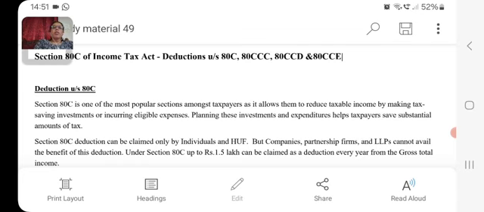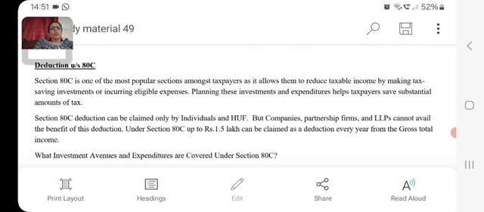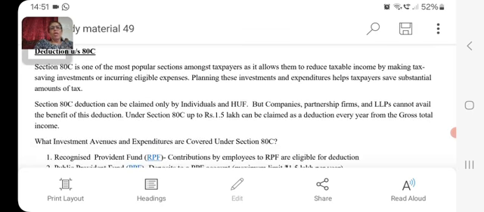Section 80C is one of the most popular sections among taxpayers as it allows them to reduce taxable income by making tax saving investments or incurring eligible expenses. Section 80C deduction can be claimed only by individuals or by Hindu undivided family. That means companies or partnership firms cannot avail the deduction under Section 80C.